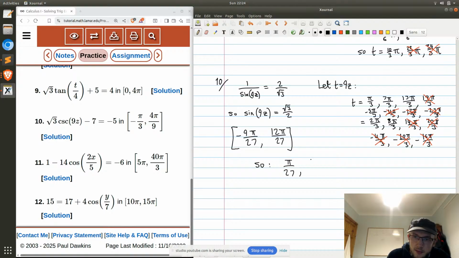Pi over 27, 7 pi over 27, 13 pi over... Wait. Hello, that one has to go. Okay. Negative 5 pi over 27, 2 pi over 27, and 8 pi over 27. I think they all work, but we'll soon see.